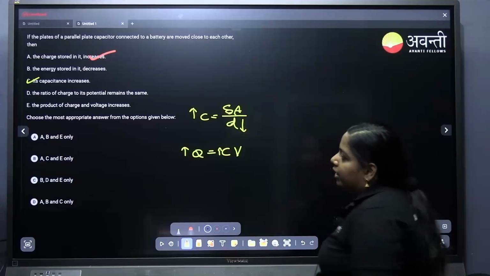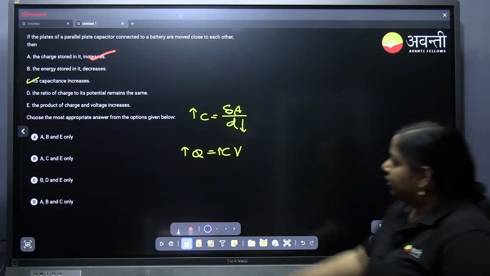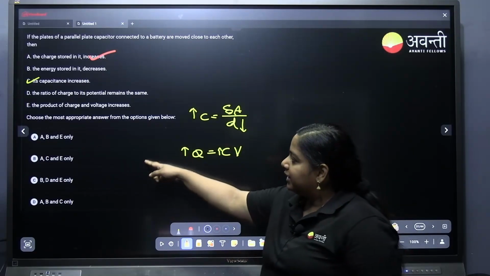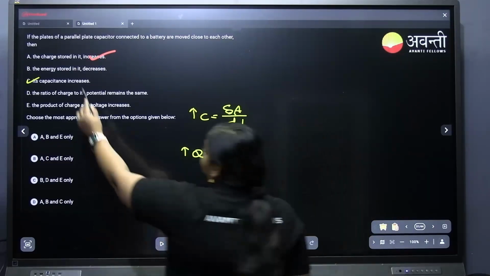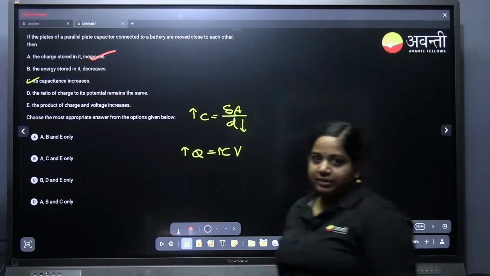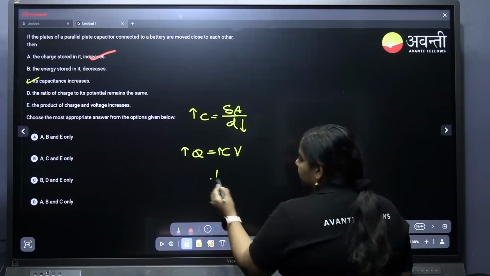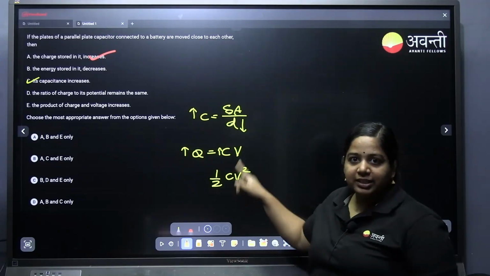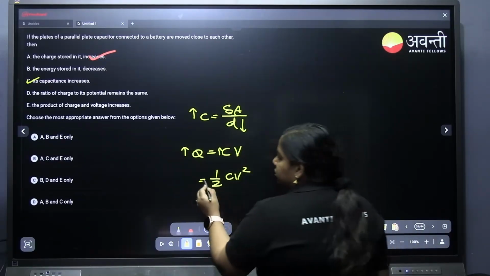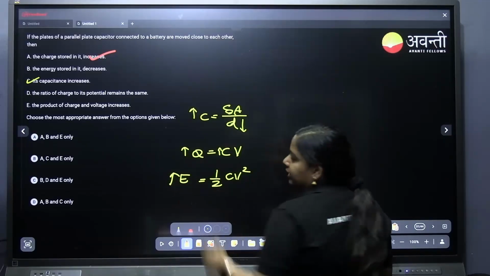Now if you see the options, A, C and D, A, B and D, we can check whether B is correct or not. B says energy stored in it decreases. The energy equation is half C V square, right? V is constant, C is increasing, so energy should also increase.